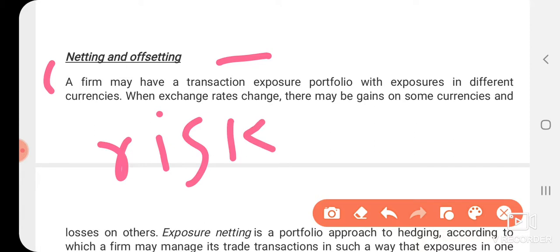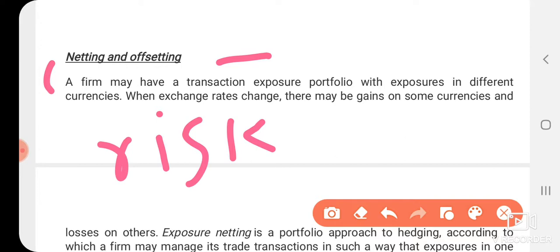When we are dealing, after exchanging goods and services, the next process is settlement of the currencies. Say, for example, after importing and exporting goods between countries like India and the US, we have to make the payments. If we have imported goods from the United States, then we have to pay them in US dollars.